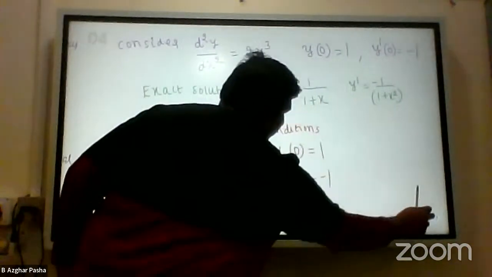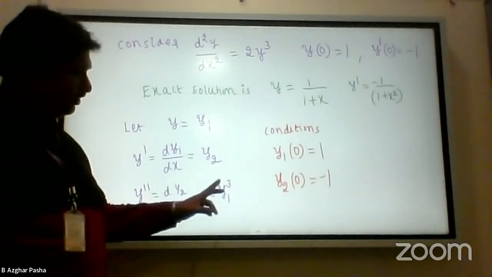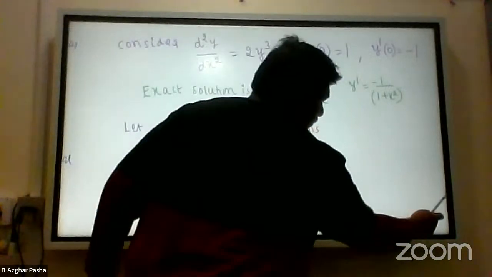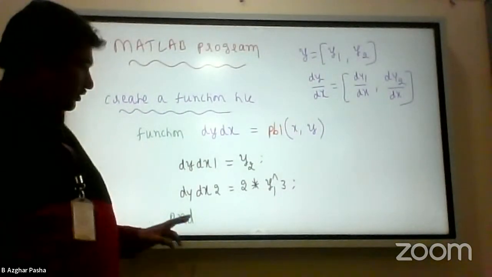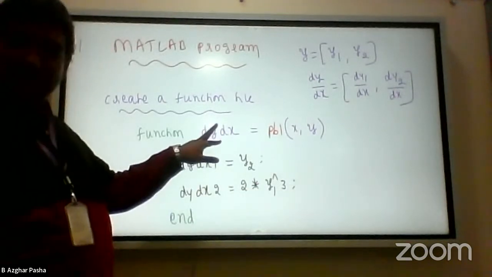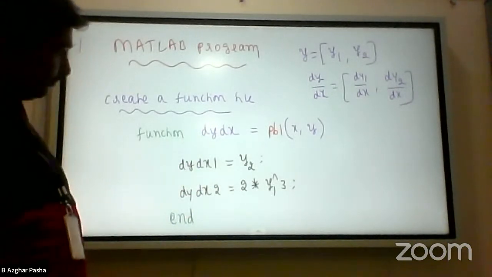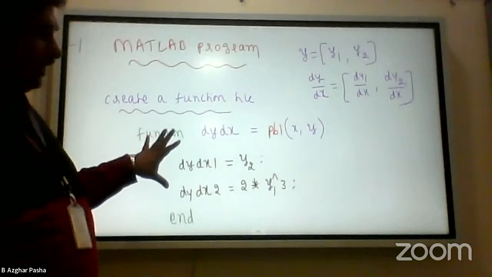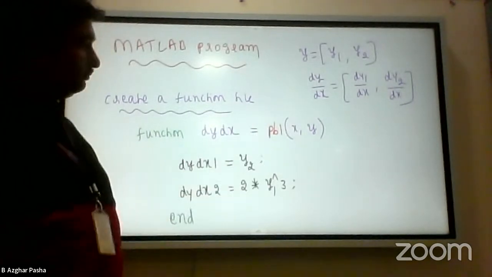Next, dy2 by dx is 2y1 cube. I am writing that here. dydx2 is 2y1 cube. Some matrix A, it is A1, A2, first element of A, second element of A. I'll create a function file like this and save it as PB1, problem 1.